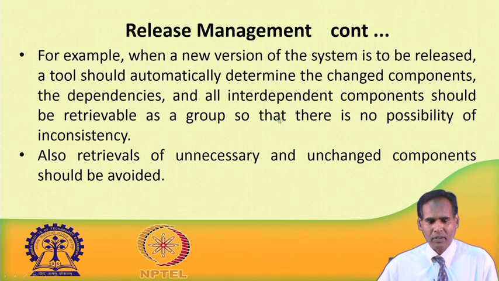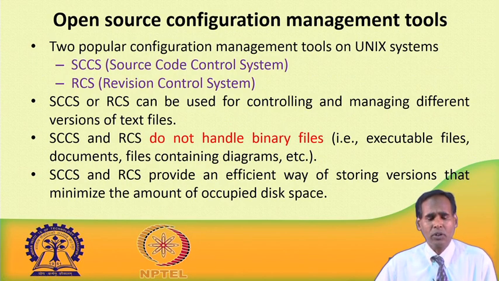Now, as I have already told you, there are several configuration management tools available. Out of them, some are free, that means open source tools, and some are commercial tools. So, today we will discuss some open source tools.